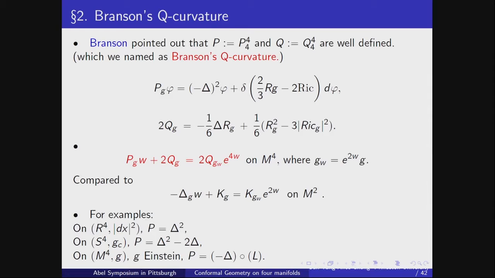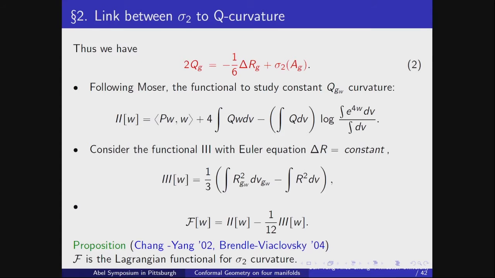This second expression here is the sigma 2 we are seeking, we are looking for. So that means there's a relation between a fourth order curvature Q and sigma 2, which is the Gauss-Bonnet integrand.